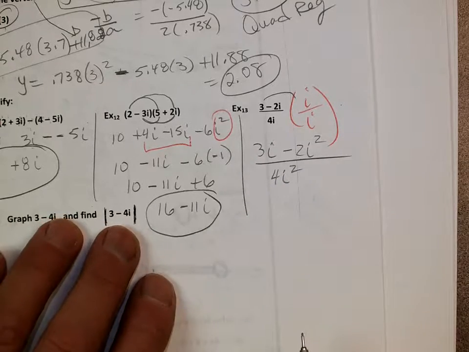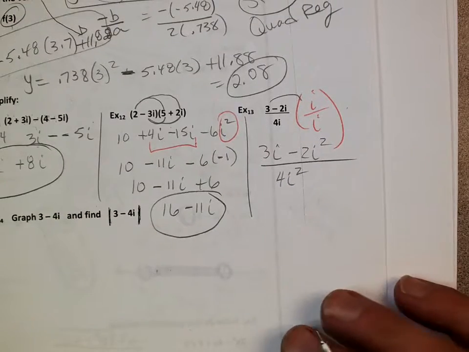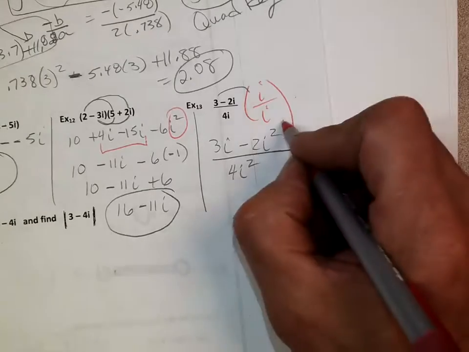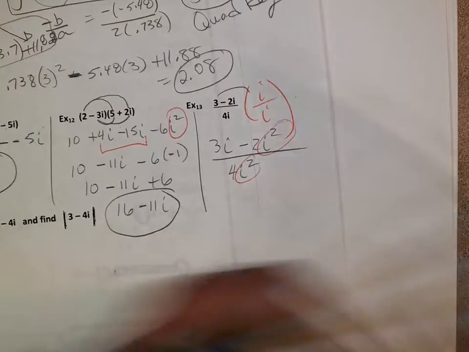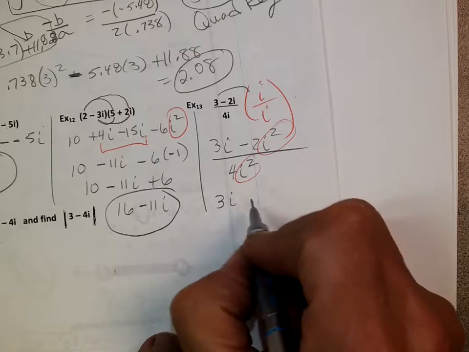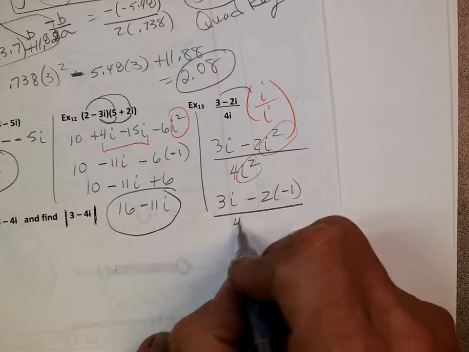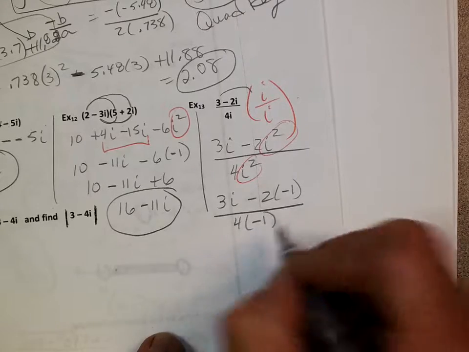Okay? So now, what's i squared? Negative 1. So let's change i squareds into negative 1. I'm going to write it as 3i minus 2 times a negative 1 over 4 times a negative 1. Okay? How am I doing?